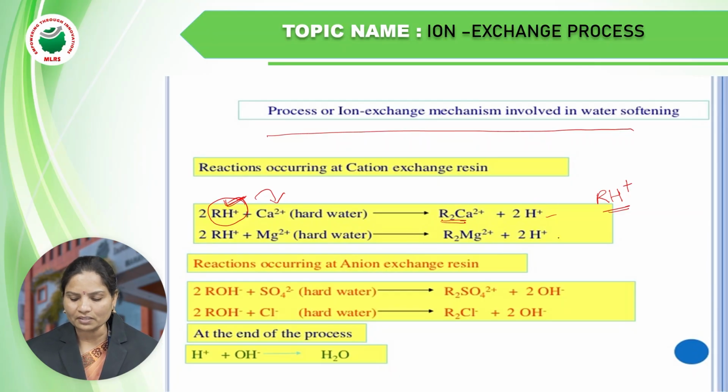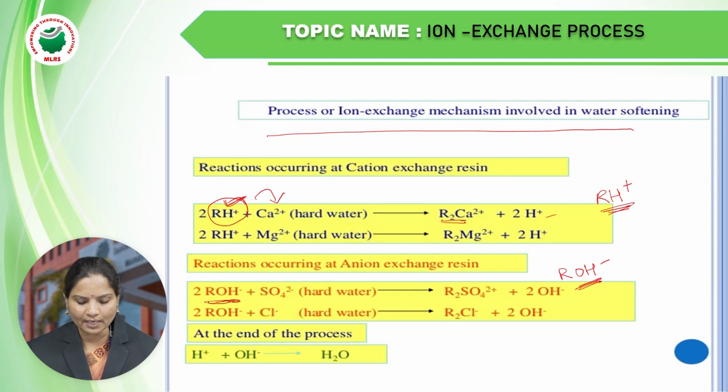This acidic water with its anions is then passed through the second chamber, the anion exchange resin chamber. What is the anion exchange resin? ROH minus. Cation exchanger is RH plus, anion exchanger is ROH minus.